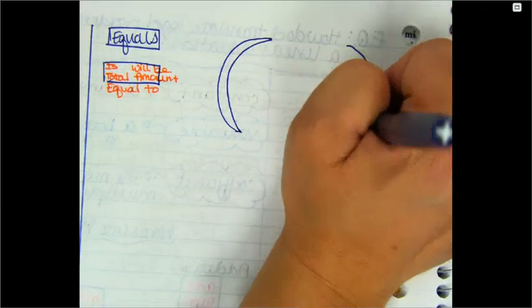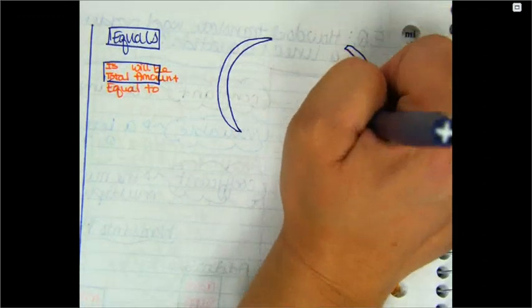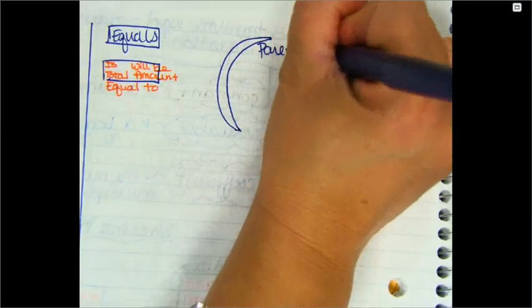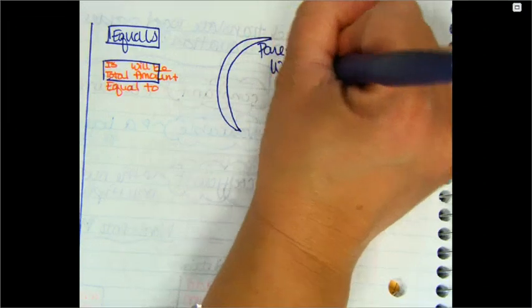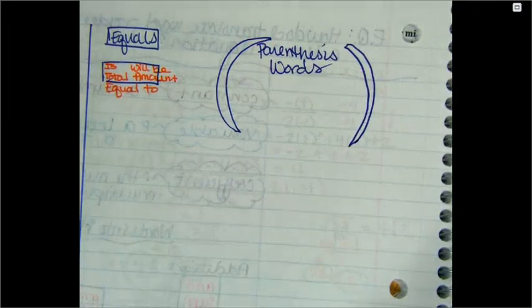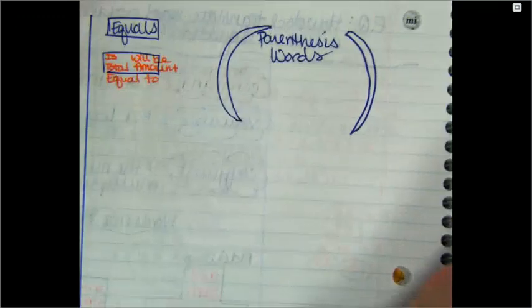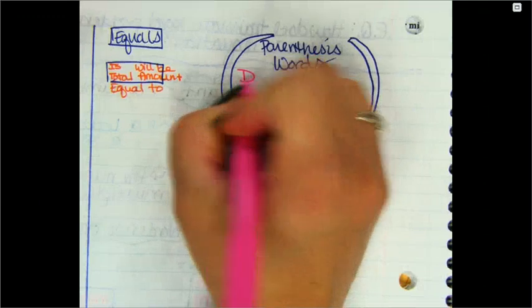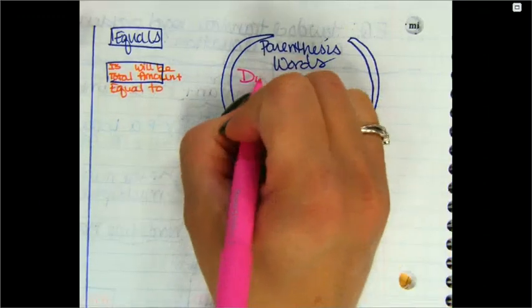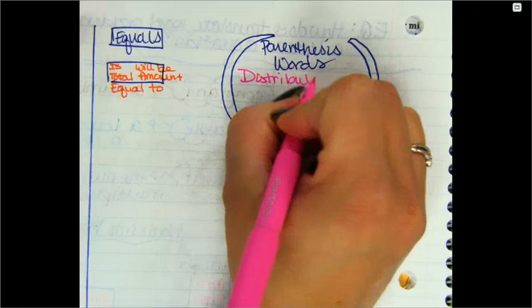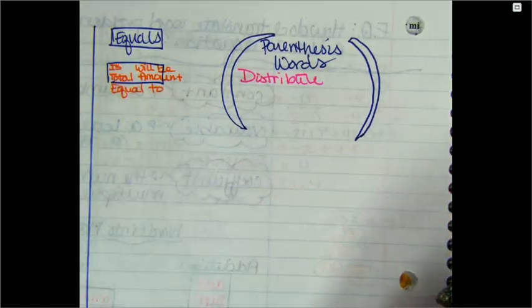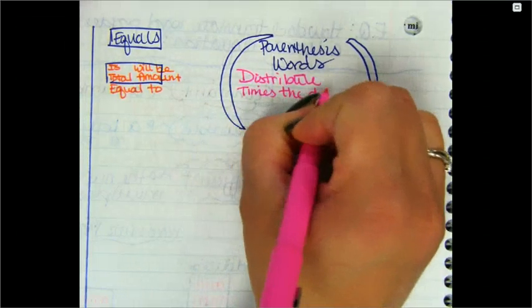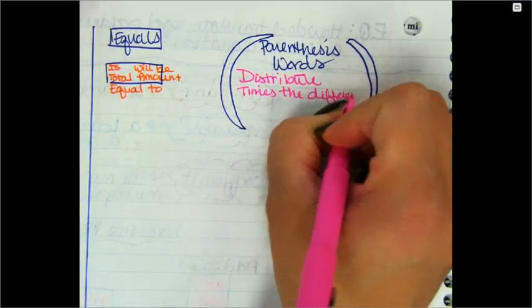Obviously, these are really big on purpose. What are these? Parentheses. All right, so parentheses words. What words represent? How about distribute? Times the difference. What does that mean?